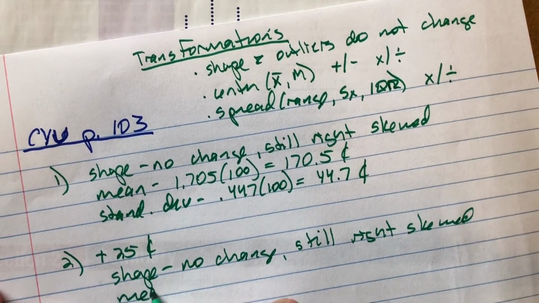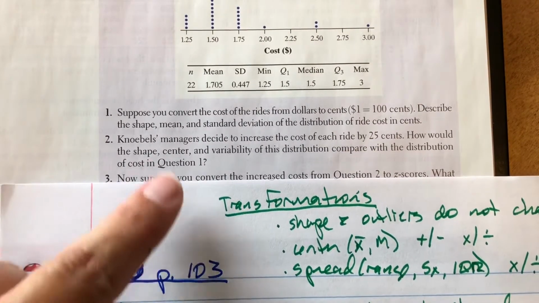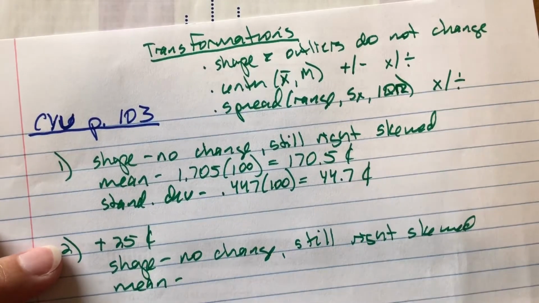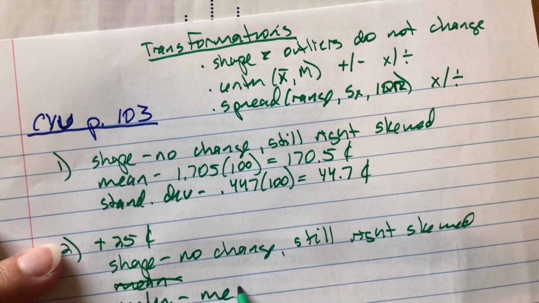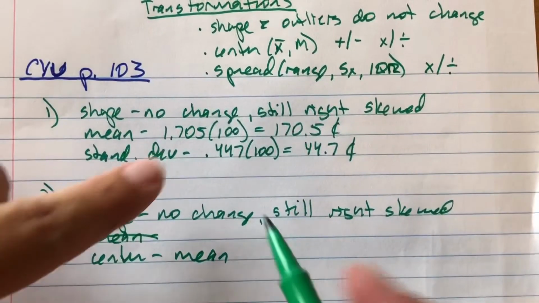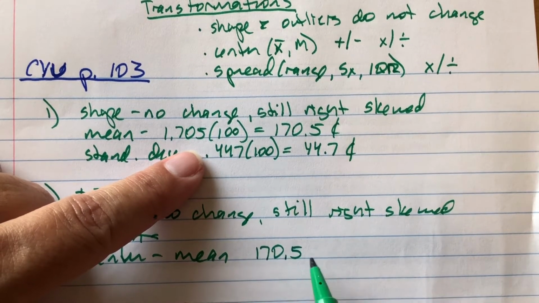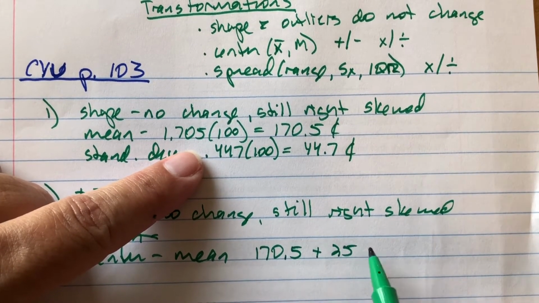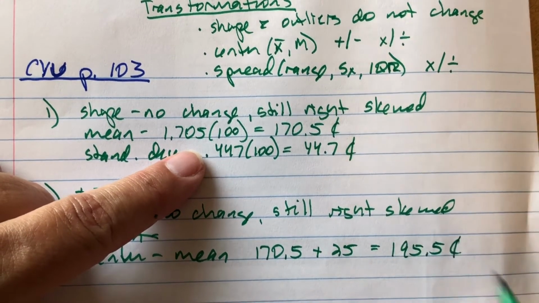Now mean, center. So let's do them all. So the mean is impacted by adding and subtracting. So the mean, I'm going to take the 170.5 cents, and I'm going to add 25 cents. So now I'm going to get 195.5 cents, okay?